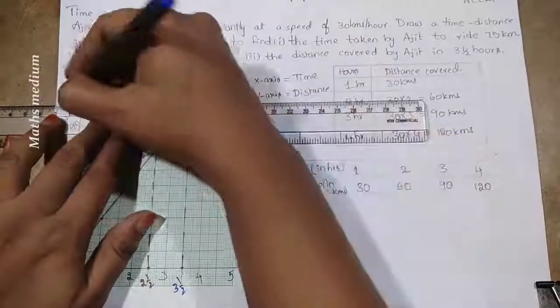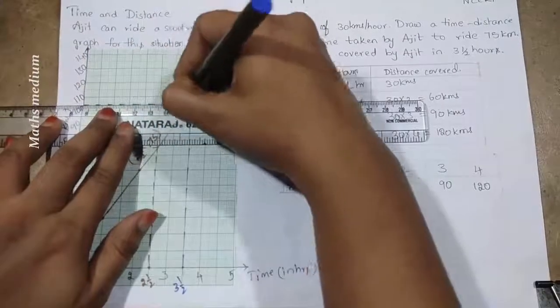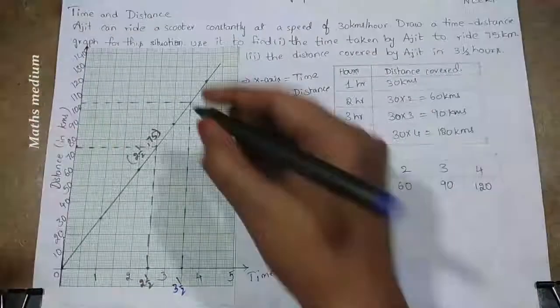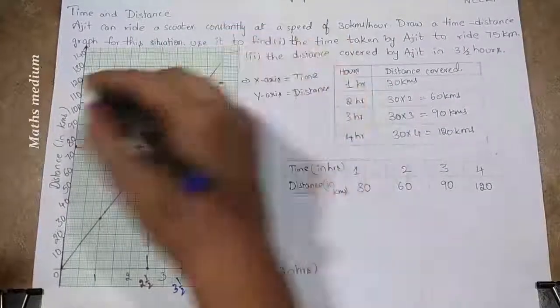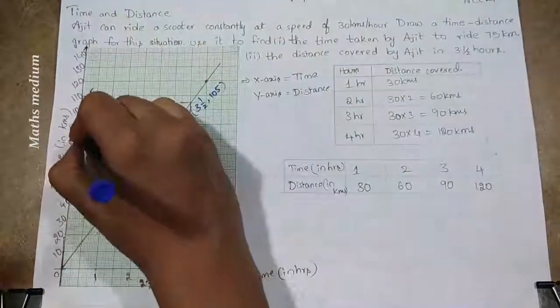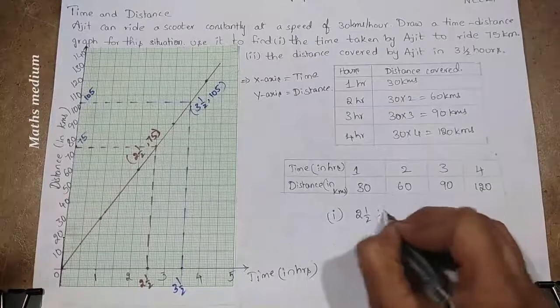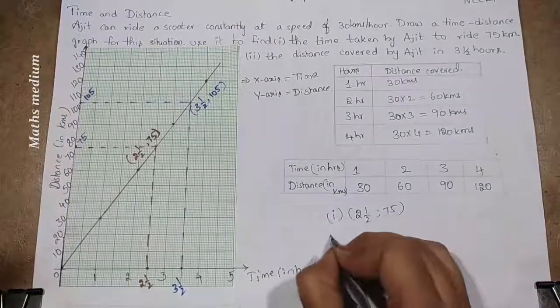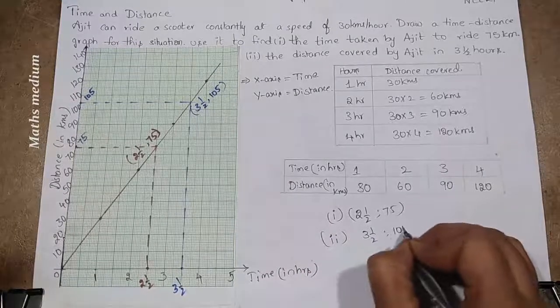It means 105. See, so this is 3.5 at 105. So for the first one, the answer is 2.5 hours for 75 kilometers. The second answer is 3.5 hours at 105 kilometers.